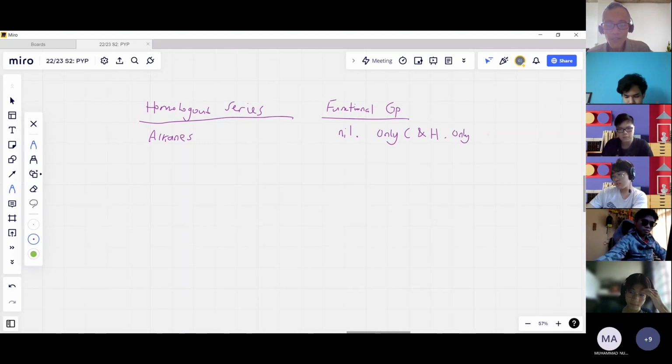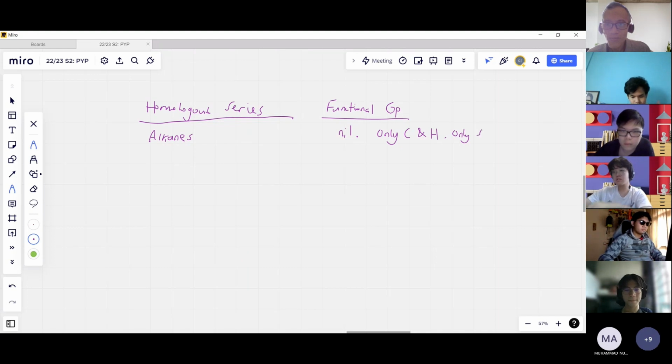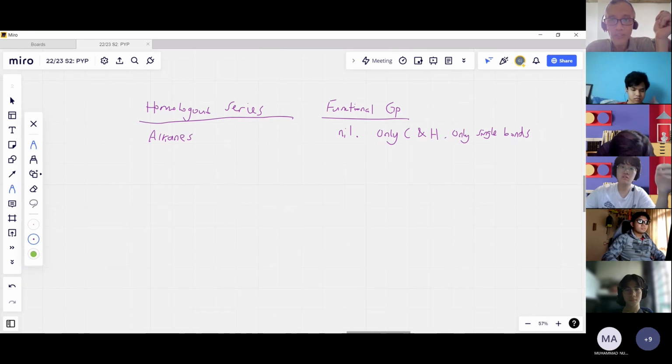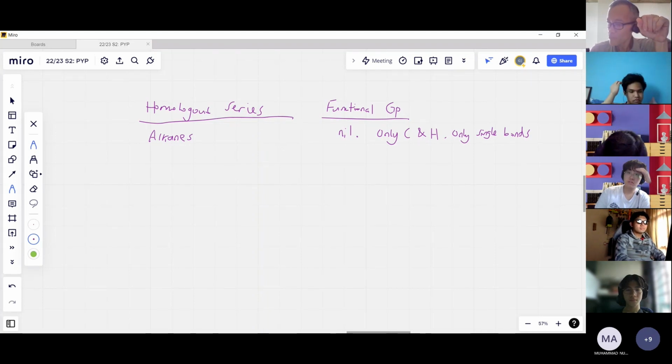I hope you have your notes somewhere handy, because you're expected to write down things. Scientifically, alkanes do not have any functional group, but you have to at least be able to identify alkanes: they contain only carbon and hydrogen with only single bonds.